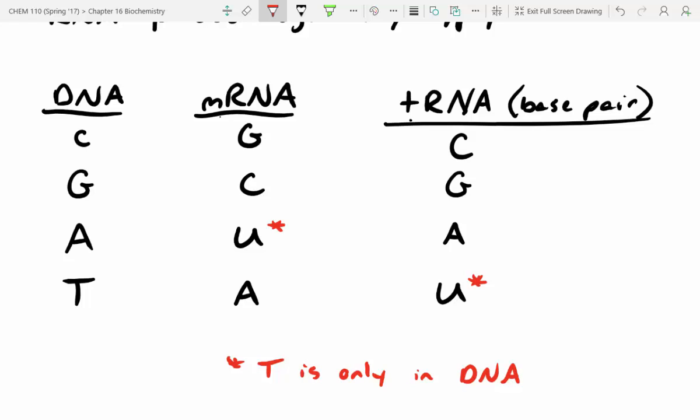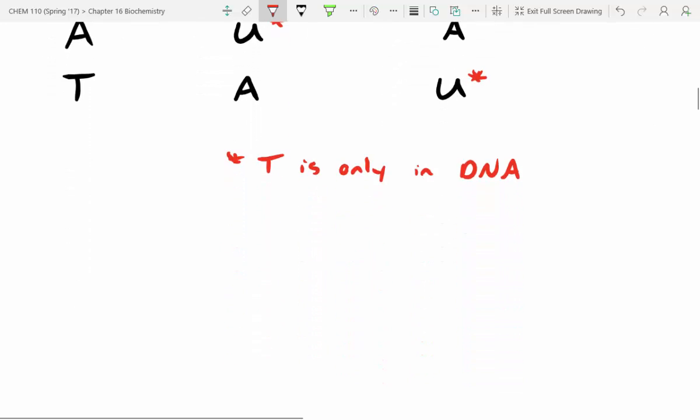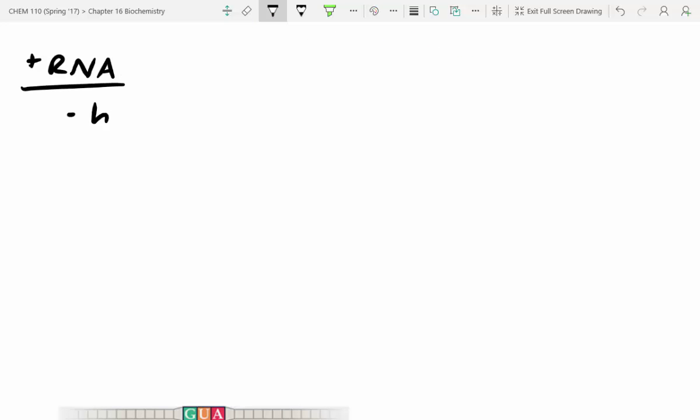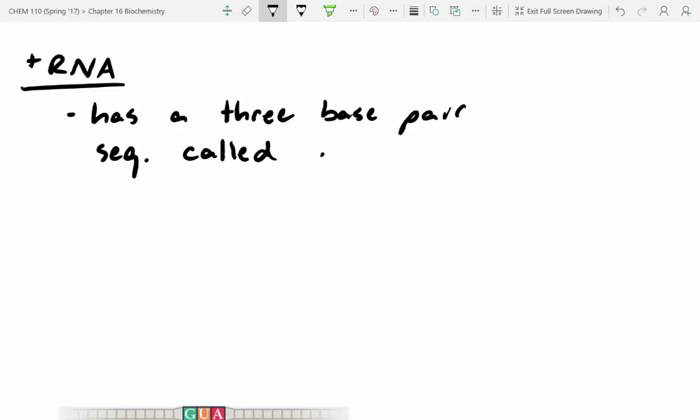Okay, so let's take a look at this. So tRNA has a 3 base pair sequence called a codon. So instead of just one base pair, they're always in triplicates of 3.